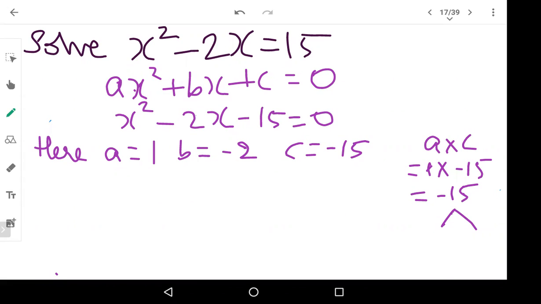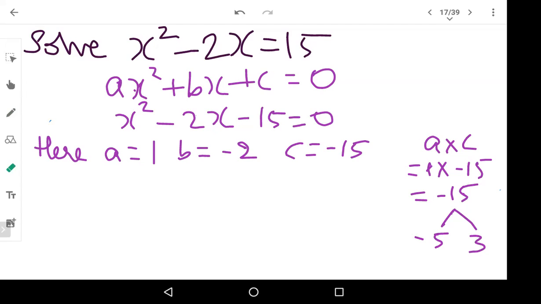Okay. Yeah, correct. Very good. So minus 5 and plus 3 will give me minus 2. Very good. So minus 5 and 3. Now factorize this, elaborate in the equation and solve.